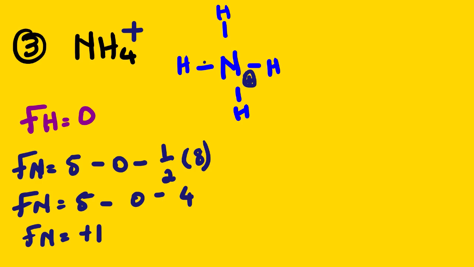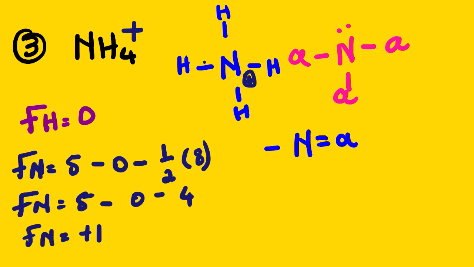To review again, lesson 5.2 of Lewis dot diagram, we said that nitrogen bonds 3 times. If it bonds with 3 elements, it bonds using single bonds, and then it will have a lone pair. And then if it bonds with 2, we are going to have something like this, still maintaining its lone pair.